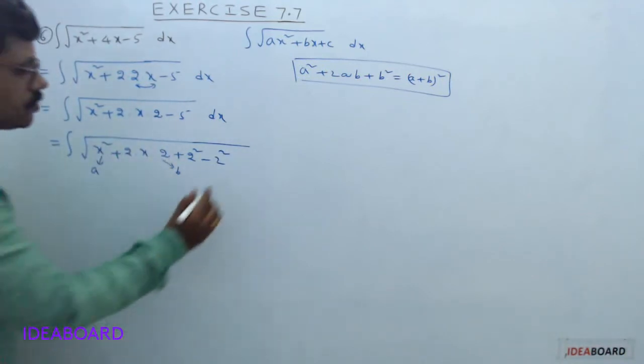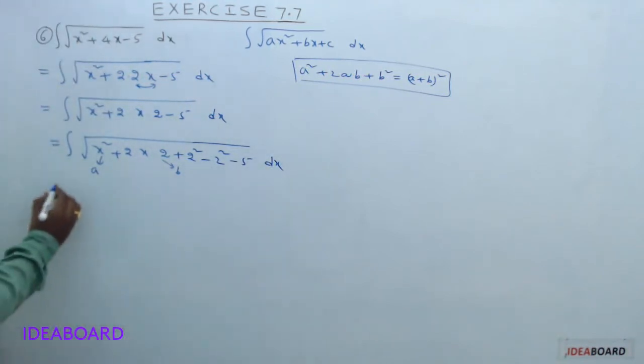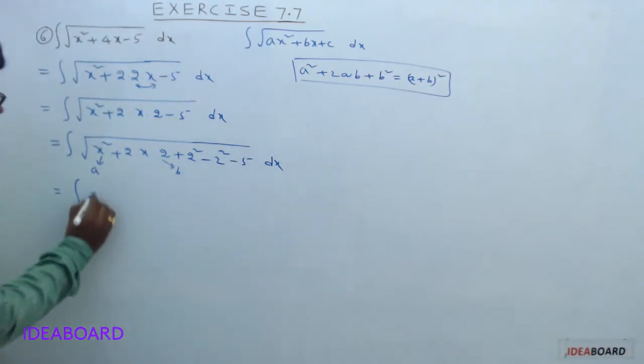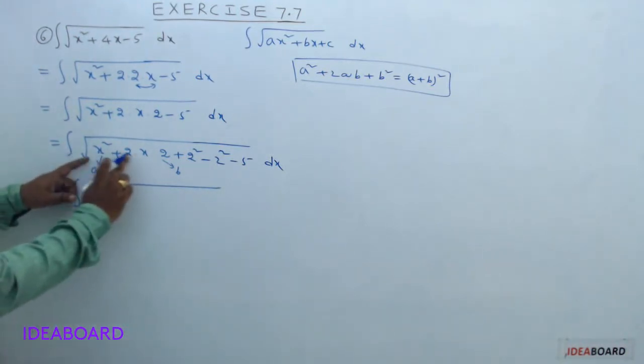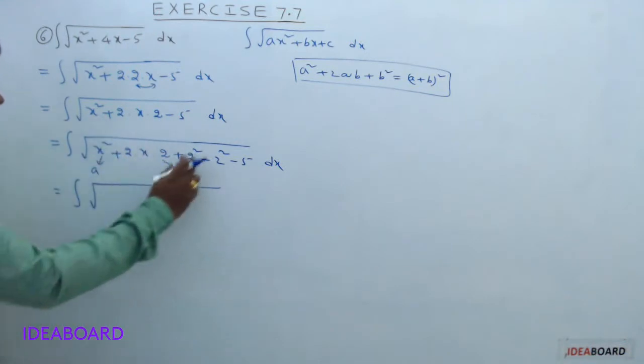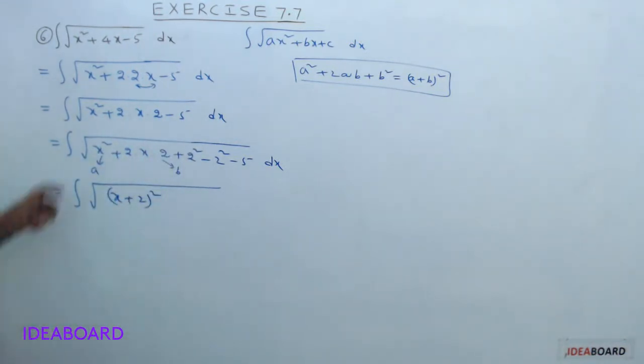So adding and subtracting 2². Constant term in the previous expression is minus 5 dx. Now this is integral square root of, the combination of these three terms can be taken as (x+2)², a² plus 2ab plus b² form.